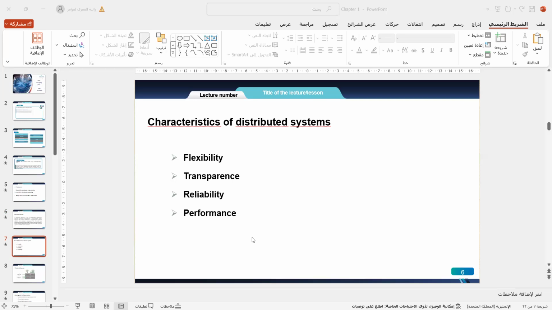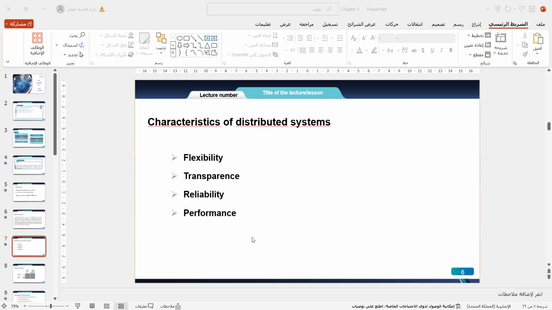For the concurrency, as mentioned, distributed system components run simultaneously. They are also characterized by the lack of a global clock, when tasks occur out of sequence and at different rates. For the availability and fault tolerance, if one node fails, the remaining nodes can continue to operate without disrupting the overall computation.